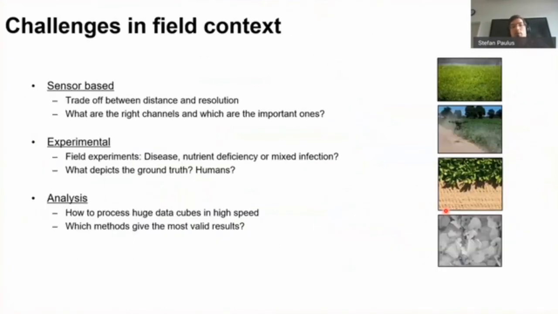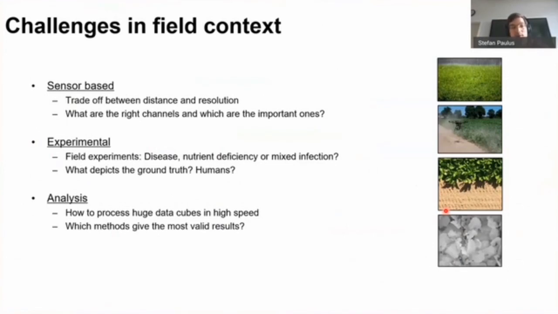Okay, so what are the challenges, especially in the field context? The challenges are sensor-based, the trade-off between distance and resolution. Especially, I cannot detect diseases from the satellite, but from the drones in each case. So what is really the scale I need?